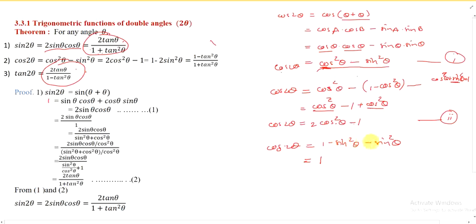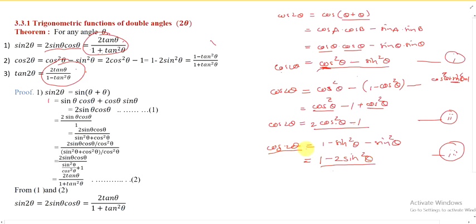So here 1, and minus 2 sin square theta. This is our third result, isn't it? That is, we get here three results: cos square theta minus sin square theta, then 2 cos square theta minus 1, and then 1 minus 2 sin square theta for the same, that is cos of 2 theta.